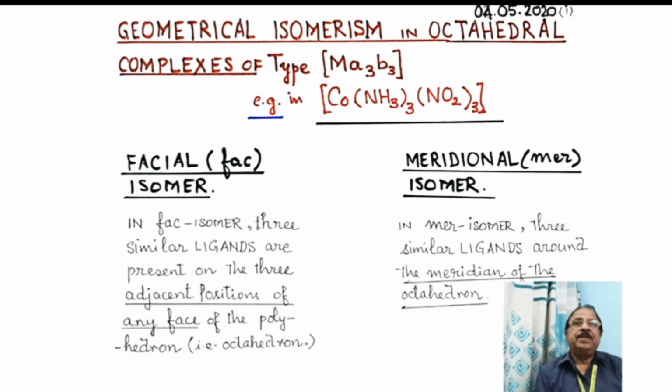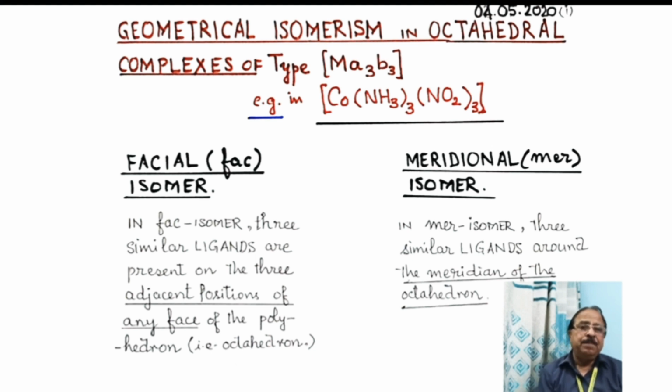That means when to a metal atom or ion, 3 ligands of one type are bonded, and 3 ligands of another type are bonded to the metal atom or ion. Now the example which we will take is of a cobalt complex having 3 ammonia molecules as ligands and 3 nitro groups as ligands.